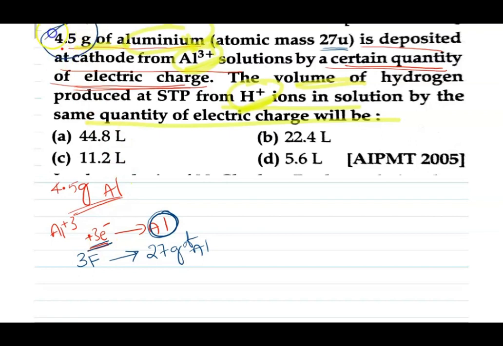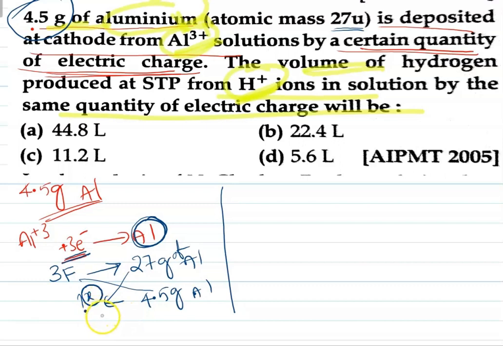But he has given only 4.5 grams. To form 4.5 grams of aluminium, how many Faradays do you need? This is the amount of charge that you require, and this same amount of charge you need to use for the formation of hydrogen from H+ ion. So let's calculate this first.